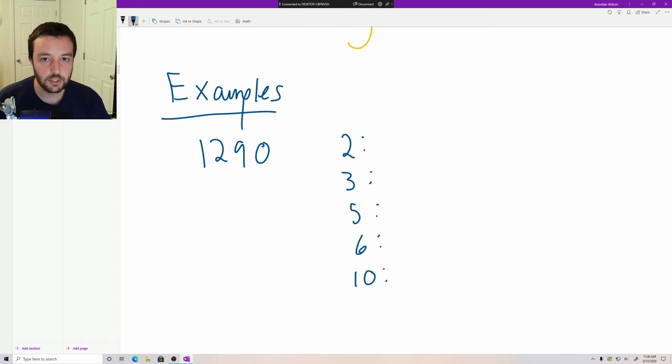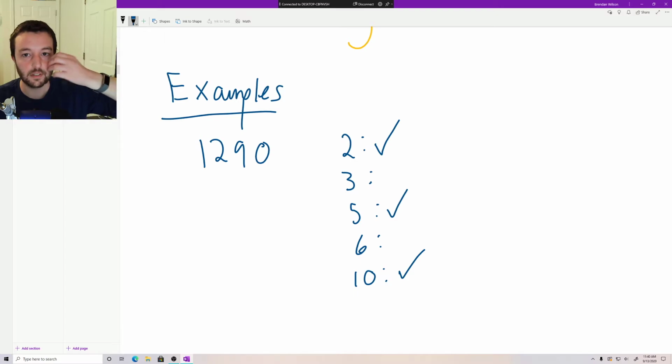Let's start with the easiest ones first. For 2, all we have to do is look at the last digit. Is it 0, 2, 4, 6, or 8? It's 0, so yes, it's divisible by 2. For 5, is the last digit 5 or 0? Yes, it's 0, so it's divisible by 5. Since it's divisible by both 2 and 5, it's also divisible by 10.